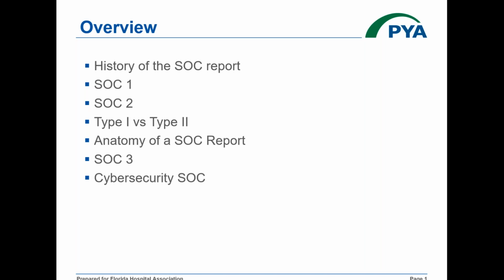There are some things about a SOC report that tend to be consistent from report to report. So we're going to make sure you understand the anatomy of a SOC report to make you a more educated user of those reports, so that you can go directly to information that would most benefit your organization. So we'll spend some time there.